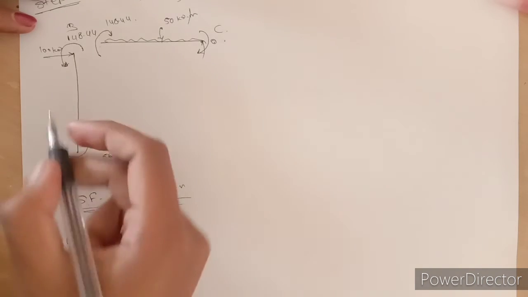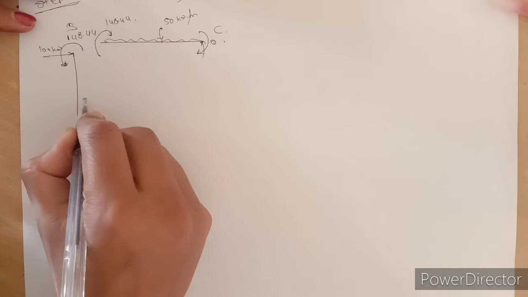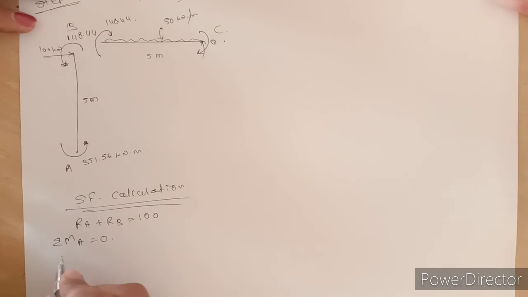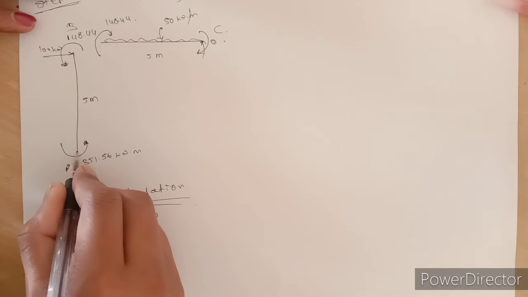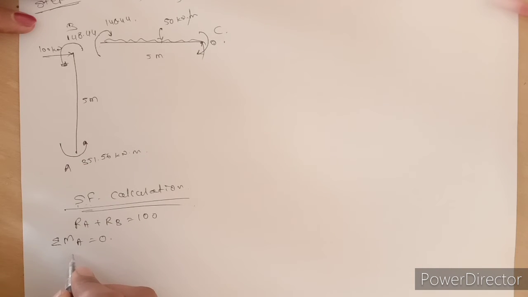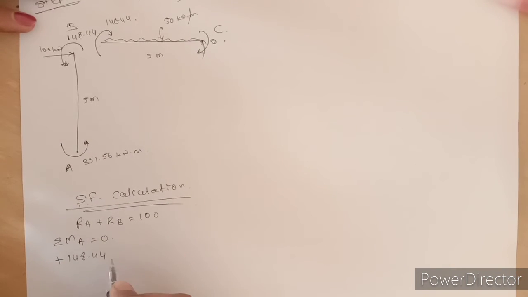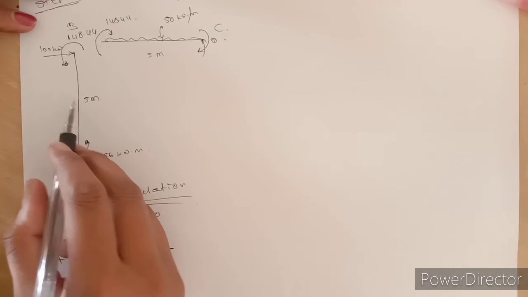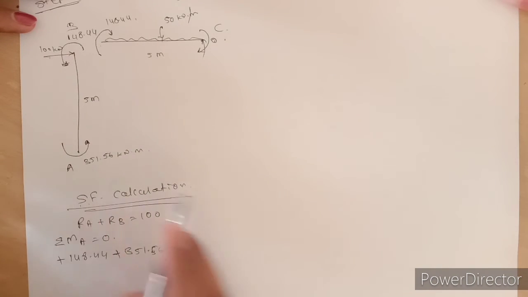The AB distance is 5 meter and the BC distance is also 5 meter. Taking moment at point A: 148.44 plus 351.56, then minus 100 into the distance 5 meter, is equal to 0.